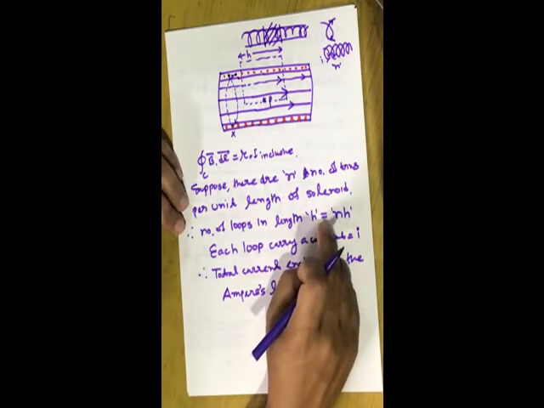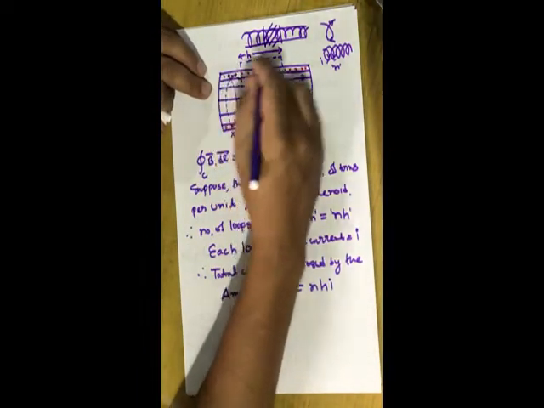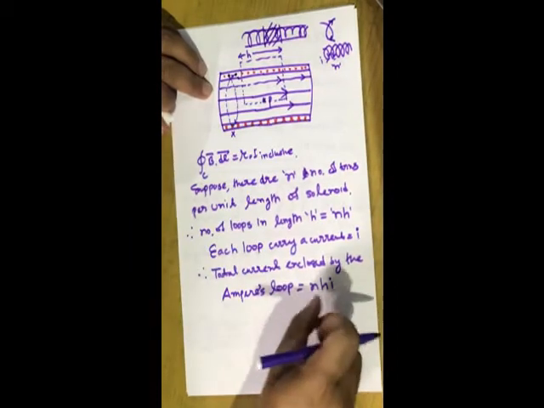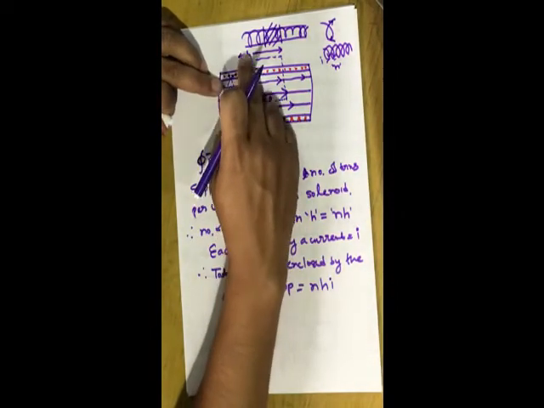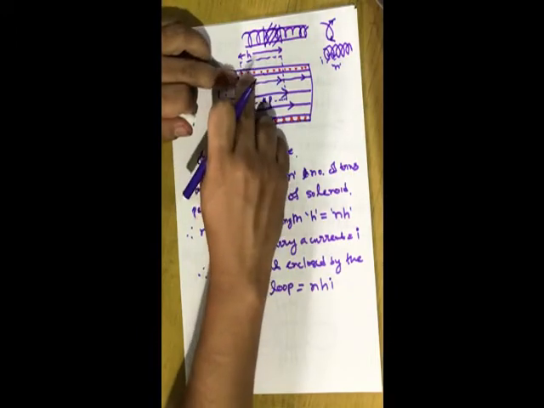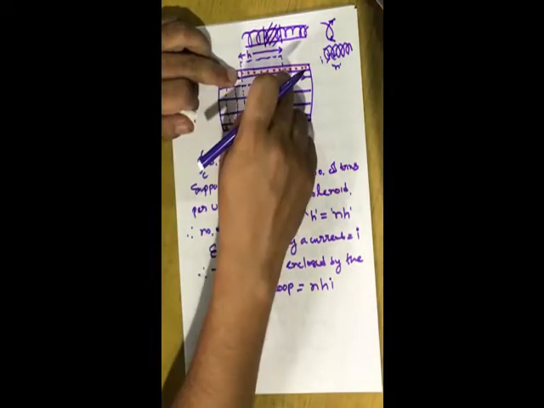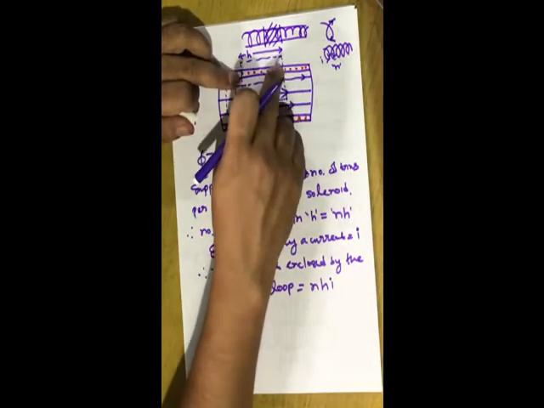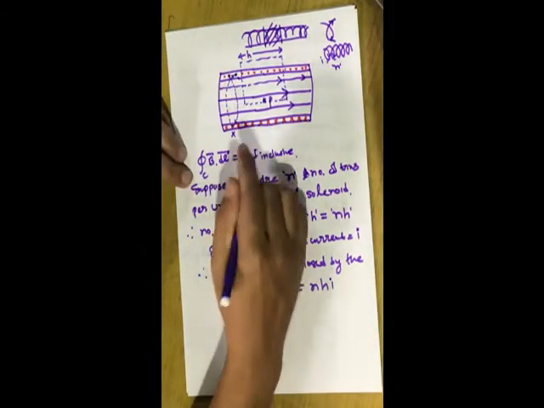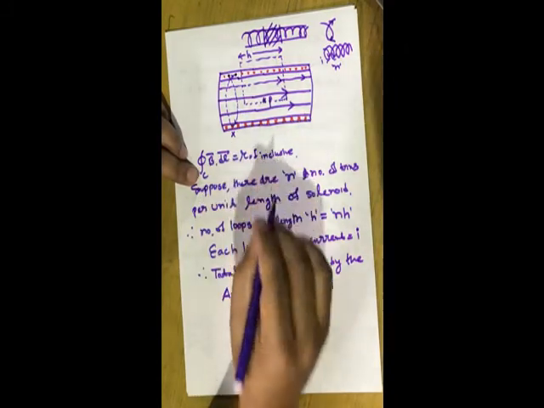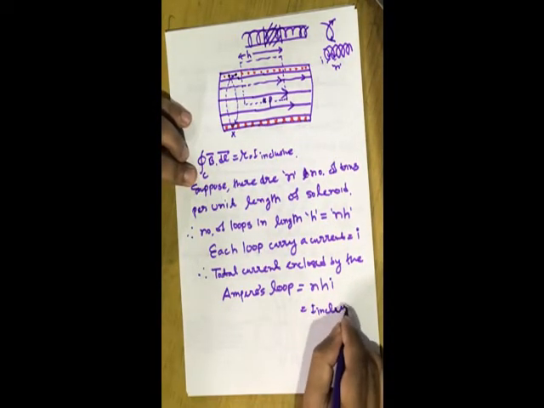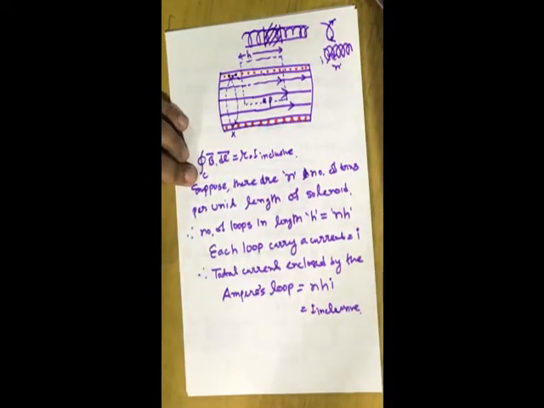Each loop carries a current I. The current entering the Ampere's loop has a total amount equal to n h into I. Therefore in this expression, I enclosed is equal to n h into I. That we have already found.